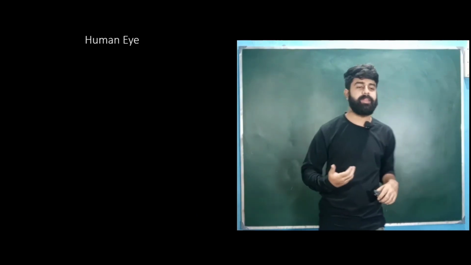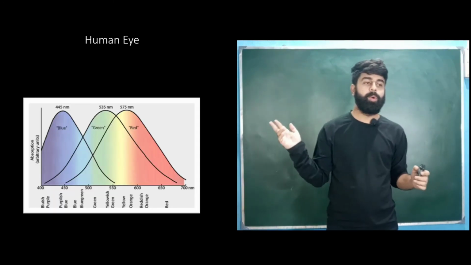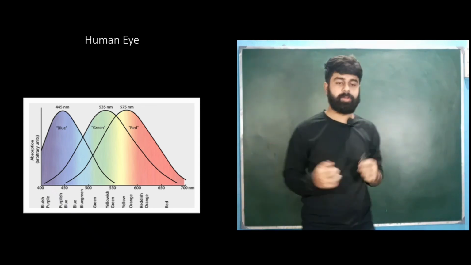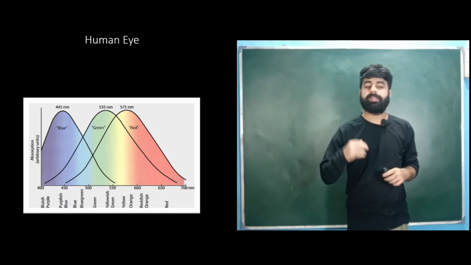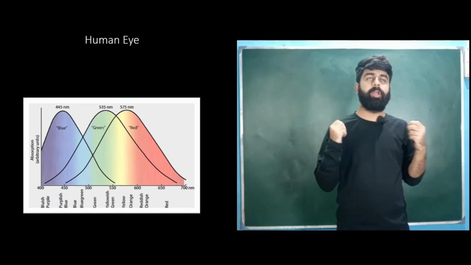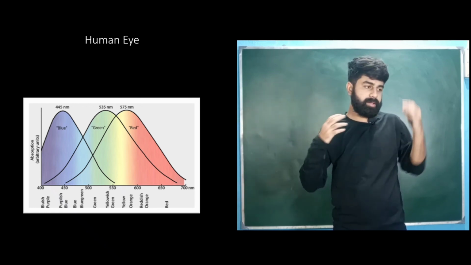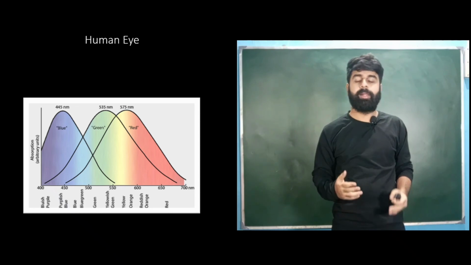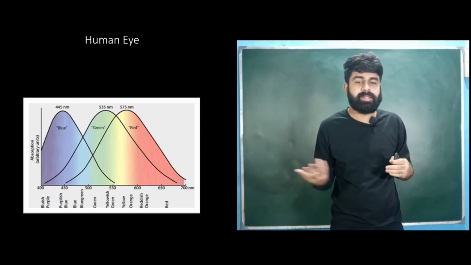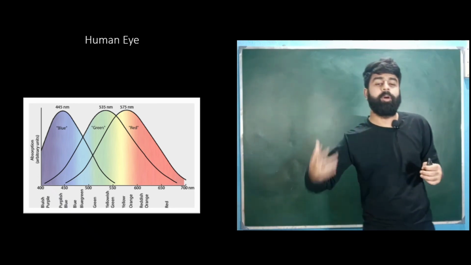And the last part is the human eye. Obviously the human eye is sensitive to the blue part, the green part and the red part. If you look very closely, you can see our eyes are most sensitive to green light, because we require more stress, more energy to look at red through ultraviolet, while if you are looking at green things like trees and jungles, the stress is very low, that's why your eyes are very comfortable with green.